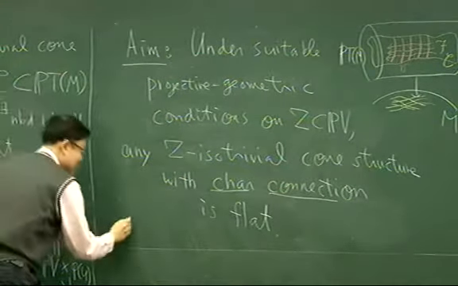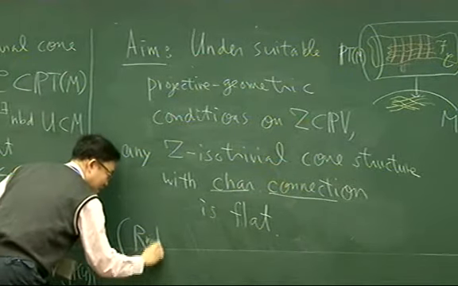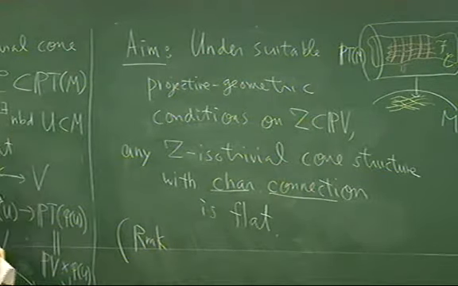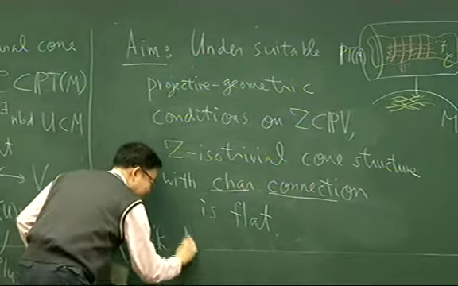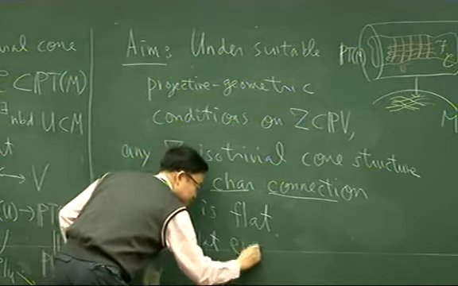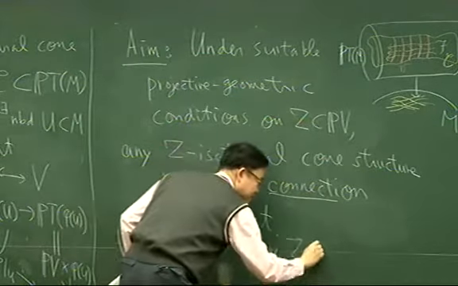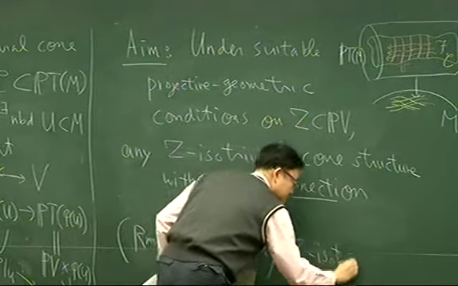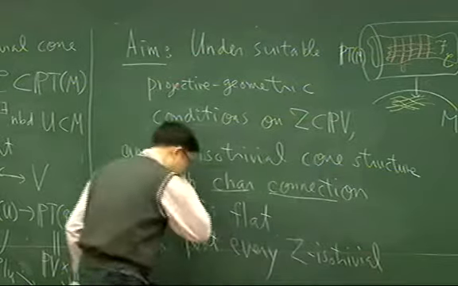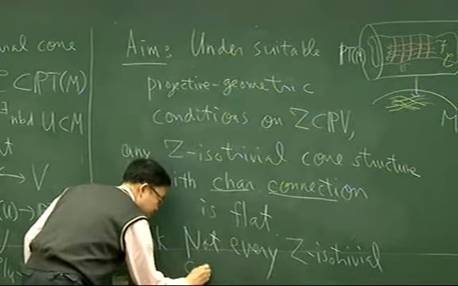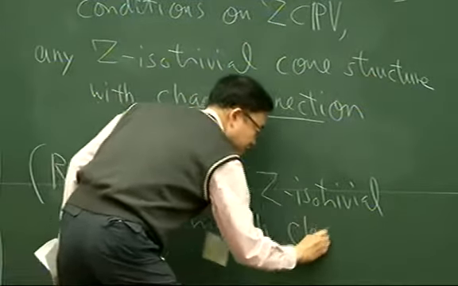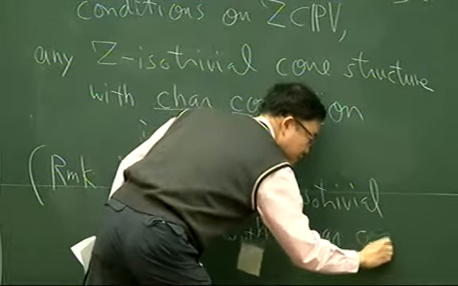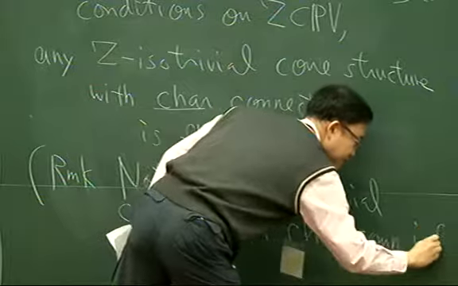But as a remark, and if I have time at the end, I will give this example, there's an example: not every G isotrivial cone structure with characteristic connection is flat.